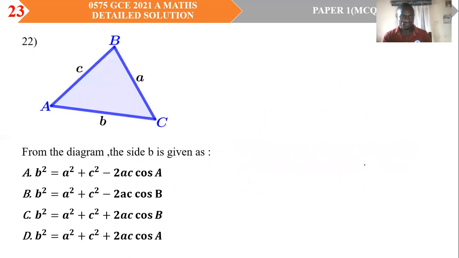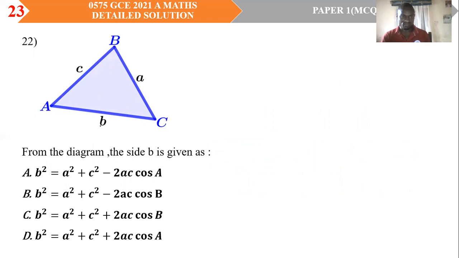Question 22. From the diagram, the side B is given as... when you look at the diagram, you discover that the diagram is that of a triangle. And when we are solving triangles, either finding the sides or the angles, there are 2 rules. Either we use the cosine rule or we use the sine rule.